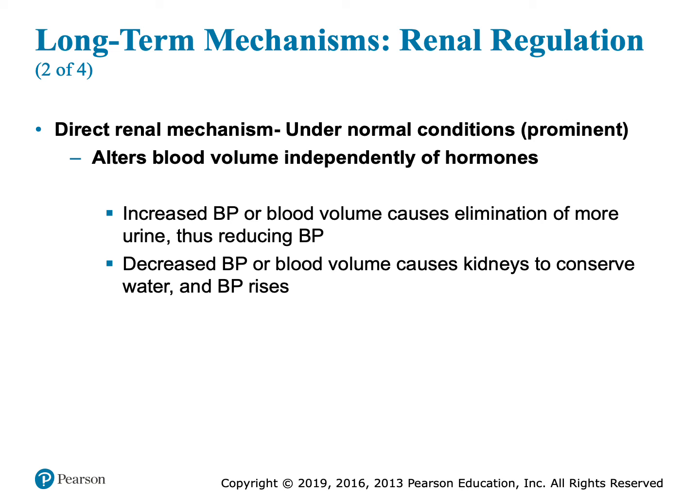Blood is flowing through your kidneys, and it's going to meet a little area called the glomerulus, and the glomerulus is your filter. And so what's going to happen is if you have an increase in blood pressure or volume passing through those filters, it's moving really fast, you're going to urinate out more.